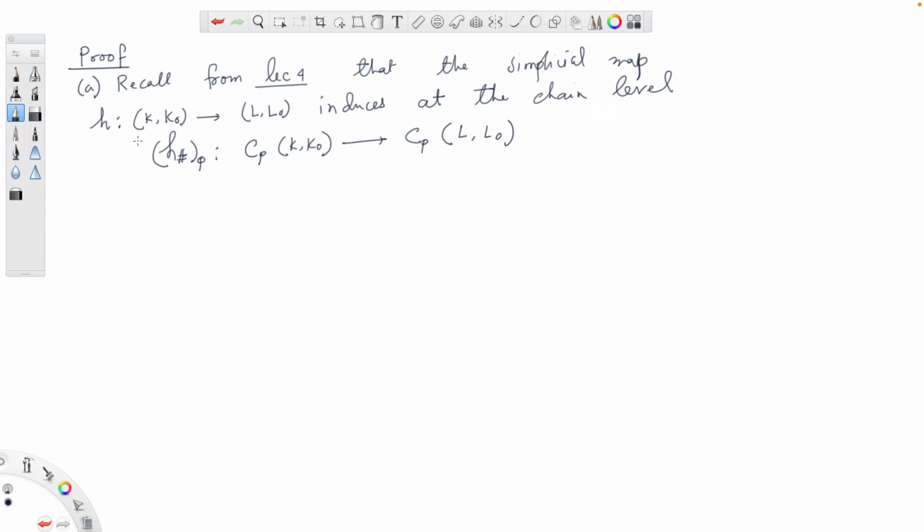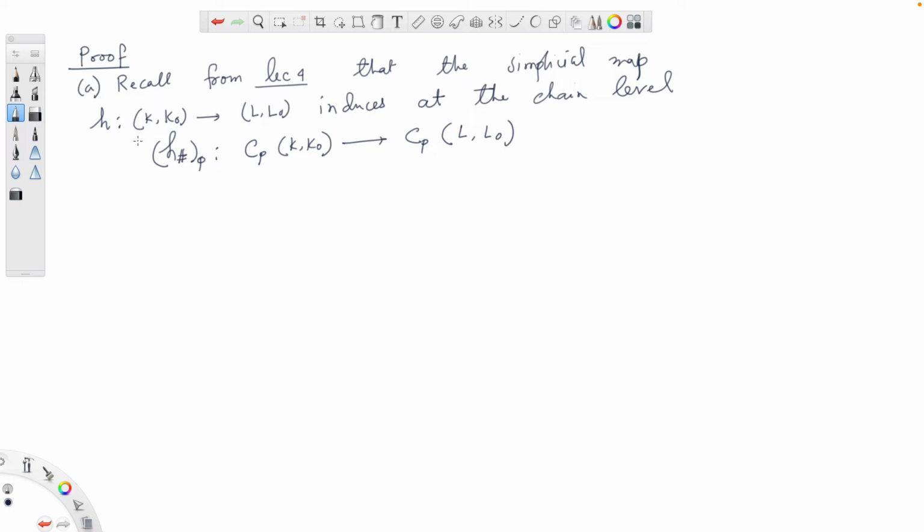Relative homology. Yes. Relative chains of K mod K0. Yeah. So it's the pth relative chain group of K mod K0.